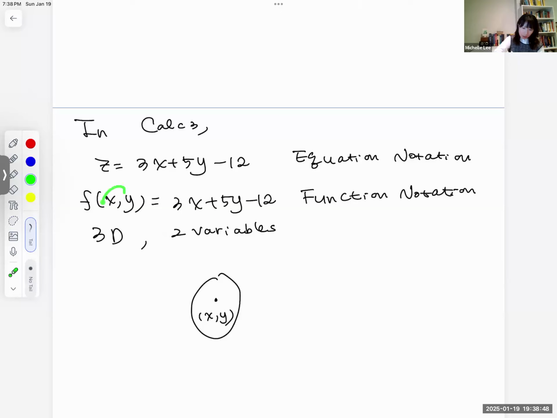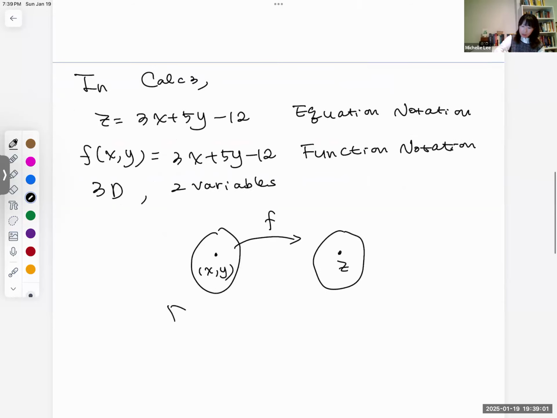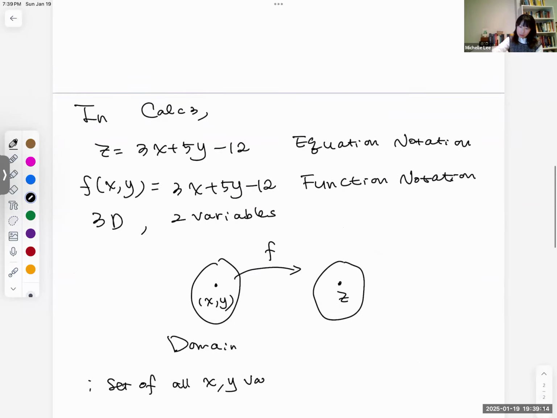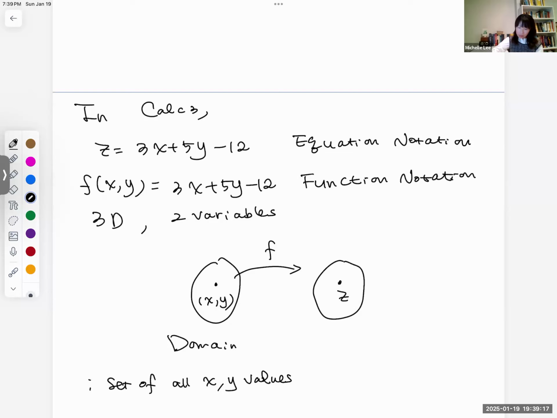Basically this is a domain, and we send it by function g. So the domain is the set of all x, y values, because I denote values. And the range is the set of all z values, right?